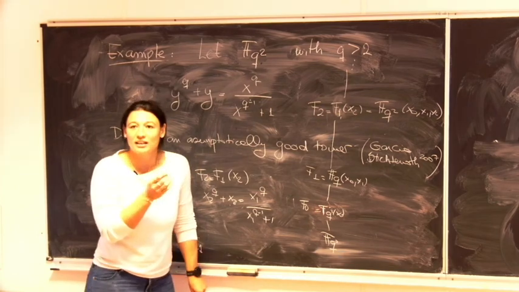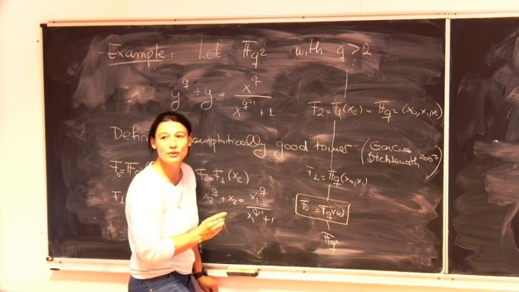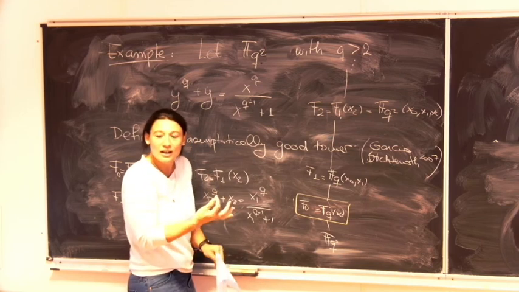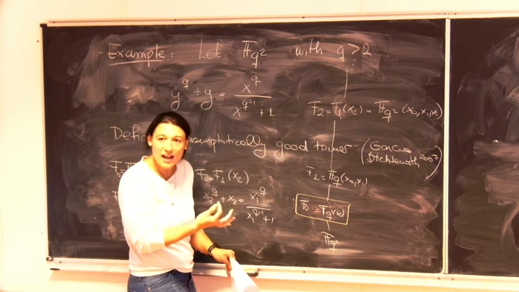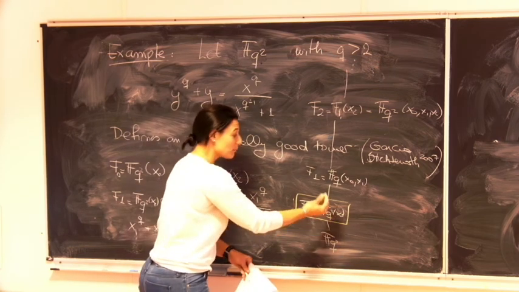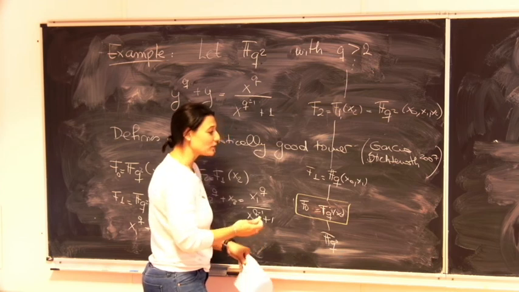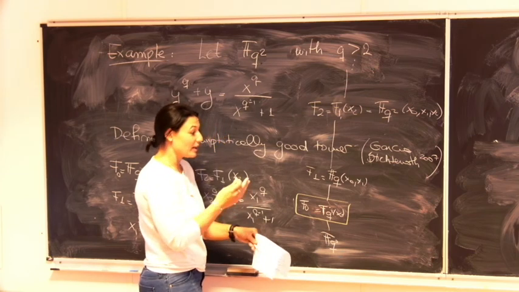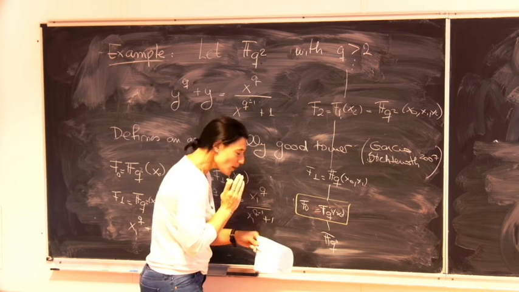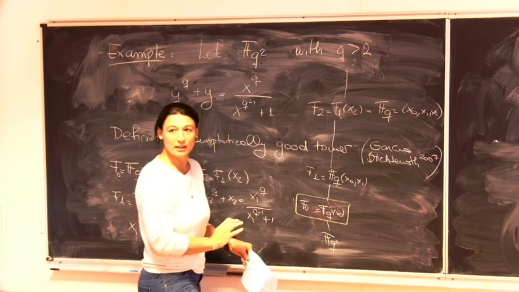I could start at any point, but if I start there, then I know how to describe rational places, because they are in correspondence with the monic irreducible polynomials of degree 1 or the place at infinity.